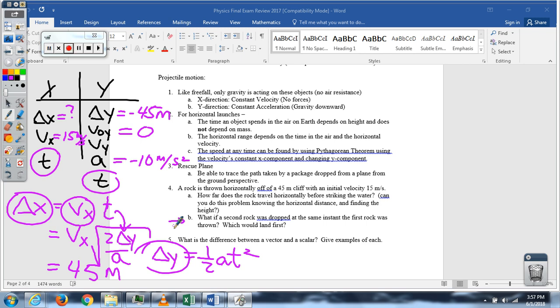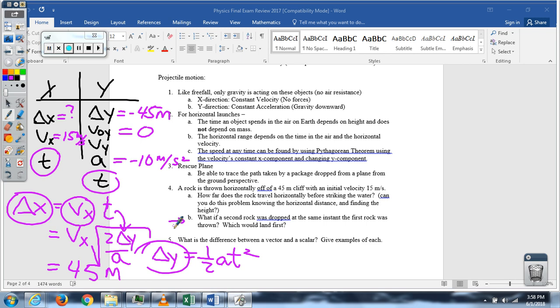The rock that is being thrown horizontally has horizontal motion. So the horizontally thrown rock from part A will have covered this 45-meter distance, whereas the rock that's being dropped in part B falls straight downward and covers no delta x. But they fall at the same rate, so they hit the ground at the same time.